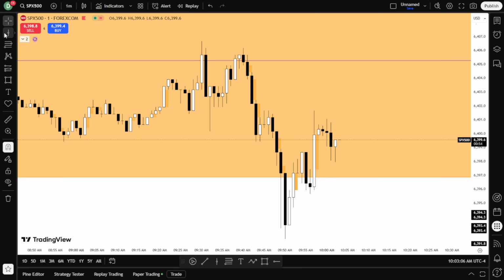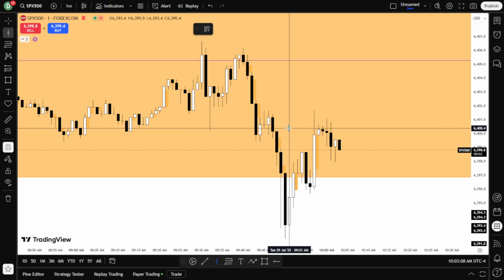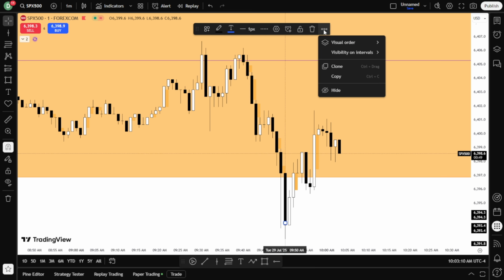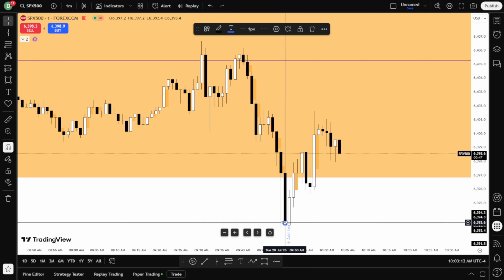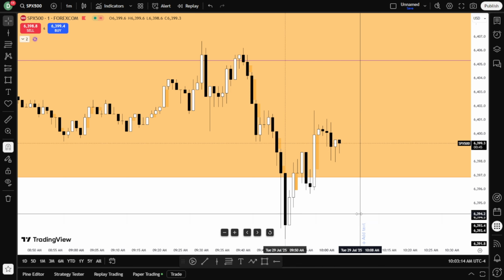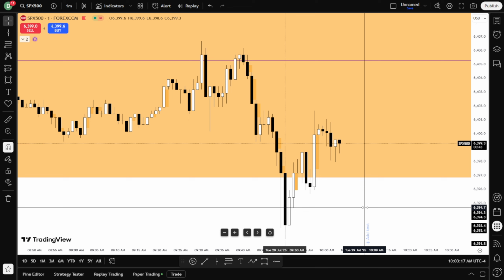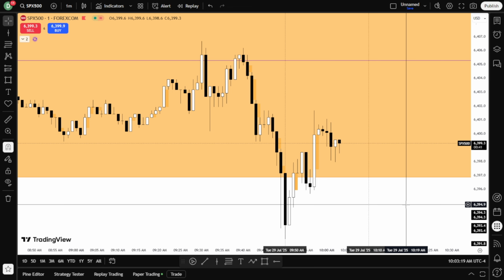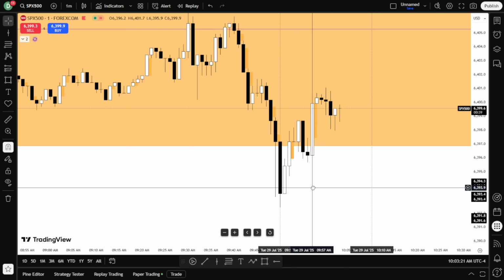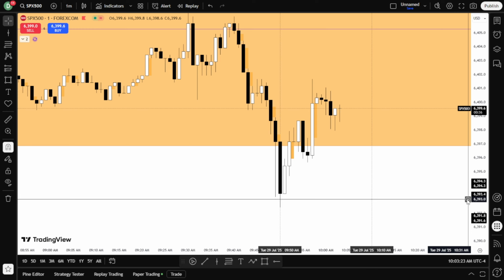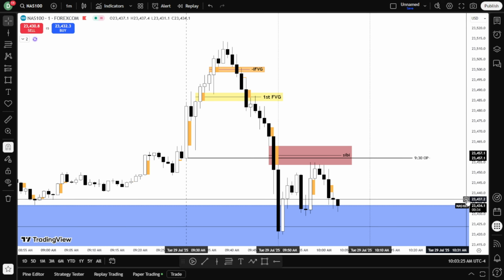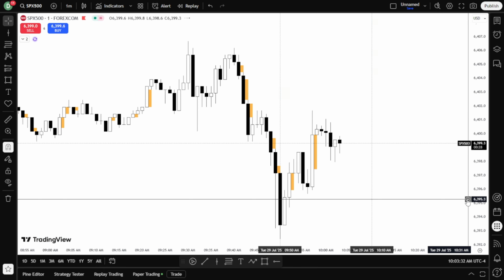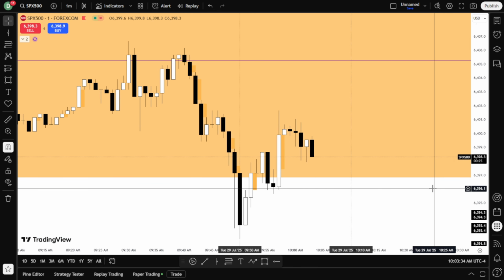But now if we mark the 950 to 1010 macro in the S&P, we can see that Nasdaq is trying to make lower lows while S&P is still holding.